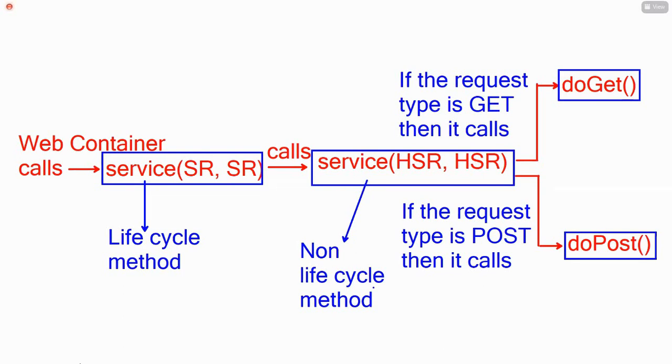It doesn't know the non-lifecycle service. It doesn't know doGet. It doesn't know doPost. So in whatever application development we do, we are going to use HttpServlet now. That's why first I'll explain HttpServlet, and with that I'll implement.